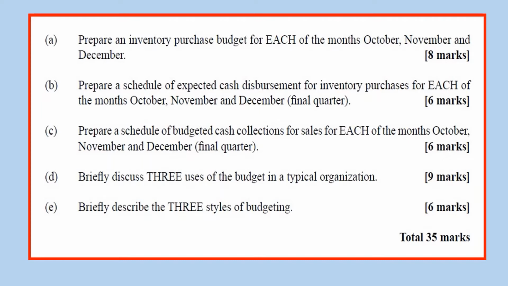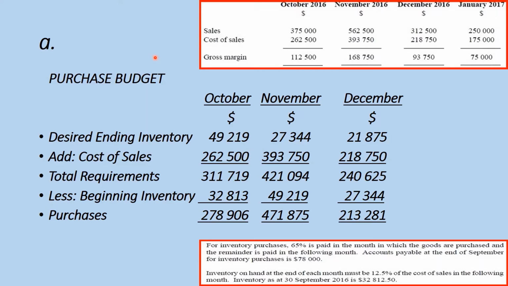Part C, prepare a schedule of budgeted cash collections for each of the months October, November, and December. Part D, briefly discuss three uses of the budget in a typical organization and briefly describe the three styles of budgeting. Part A, the purchases budget.